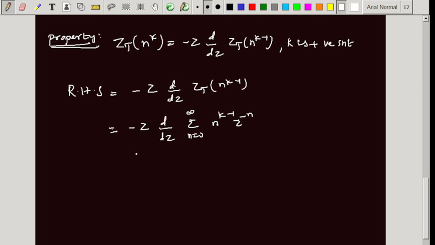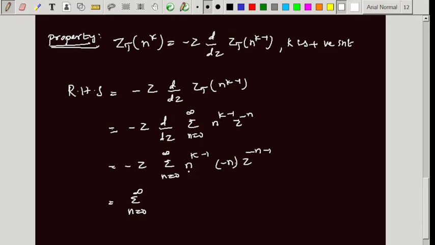Here we are differentiating with respect to z. So we get z into summation n is 0 to infinity, n power k minus 1 is constant, and the differentiation of z power minus n is minus n into z power minus n minus 1. Now if we multiply this, we can write it as summation n is 0 to infinity.